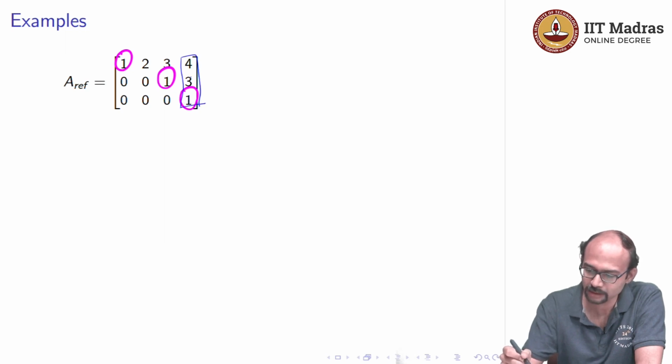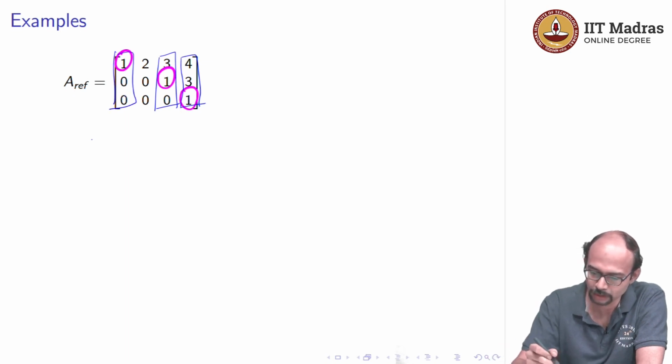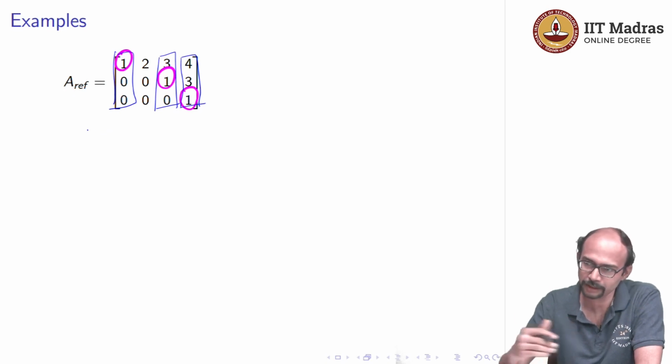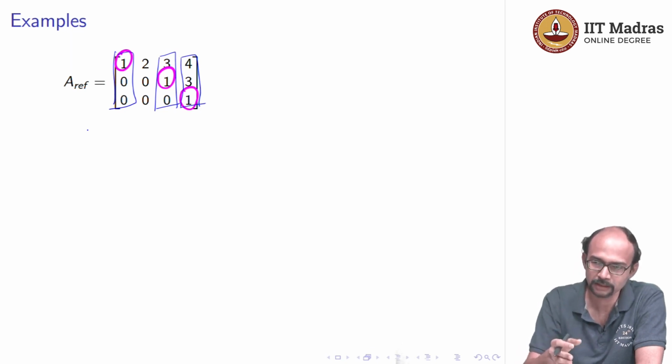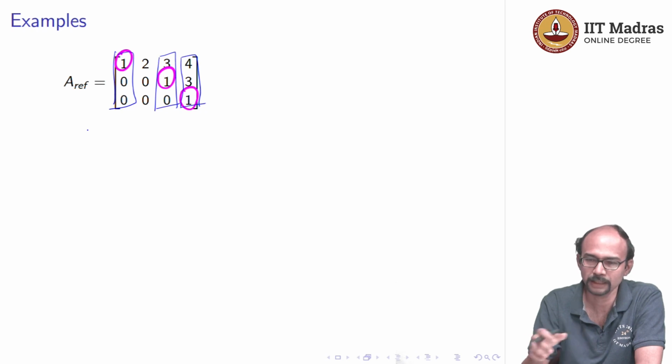The one in the previous row is in the 3rd column, so that matches. And then the one above this is in the 1st column. So that matches. Okay. So basically your ones have to sort of go diagonally, like this. There can't be a 1 below and to the left of a 1. It has to be below and to the right.